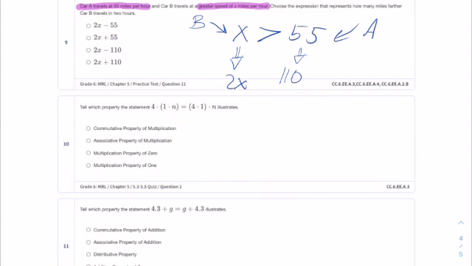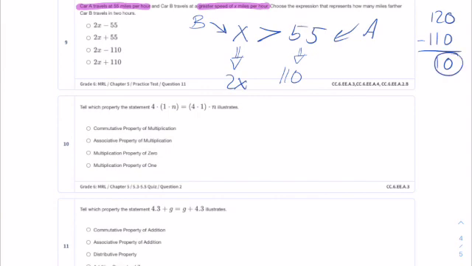Right, so we want an expression that represents how much farther car B went than car A. We know that car B went farther than car A, but the question is how much farther. Like if car B went 120 miles and car A went 110 miles, then we would subtract and get 10.